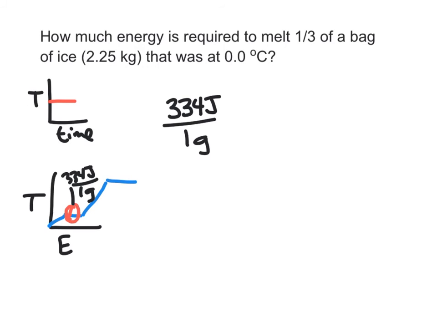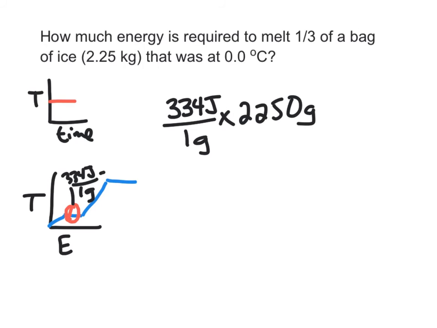There's a couple ways you could go at this. You could find out how much total energy it would take, and that's what I'm going to do. If all 2.25 kilograms of that got melted, then we would have to multiply this by, remember, this is grams down here on the bottom part, 2250. I changed it over to grams. There is another way you could do it, too.